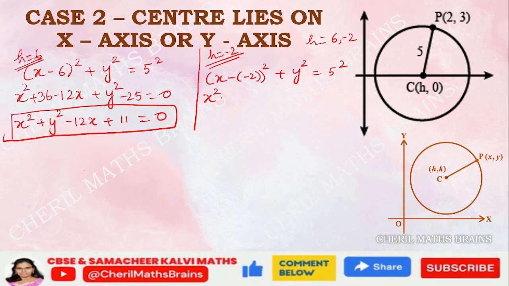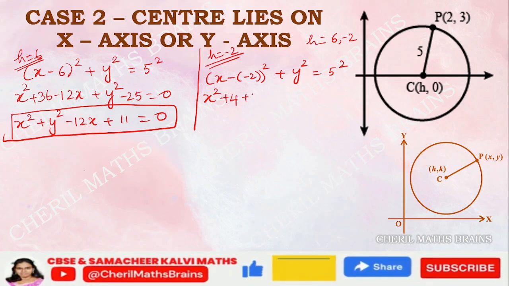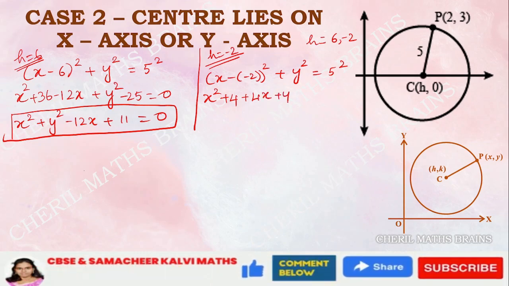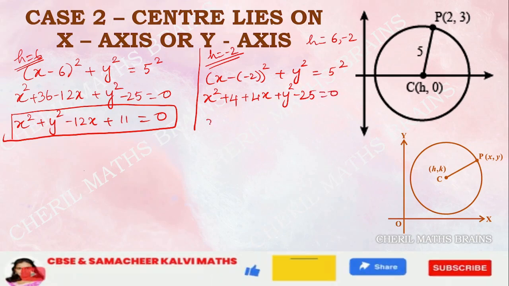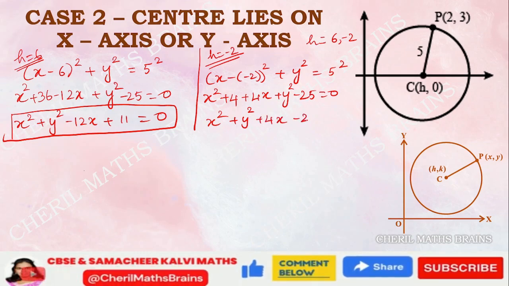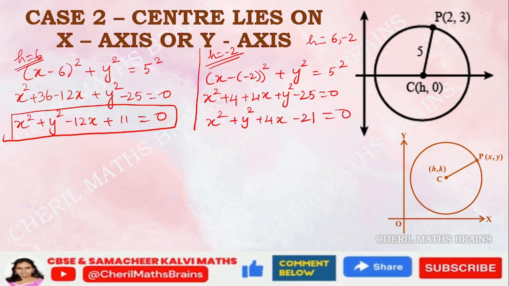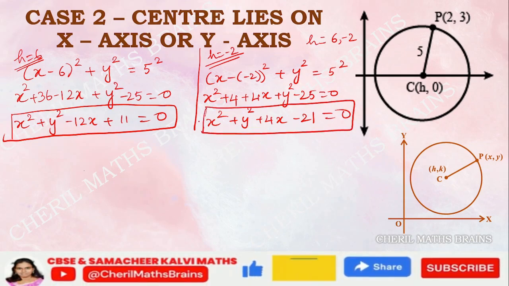So it will be x square plus 4 plus 4x, plus y square minus 25 equal to 0. So you have x square plus y square plus 4x minus 21 equal to 0. So have we got these equations, children? Yes, so the equations of the circles are like this.